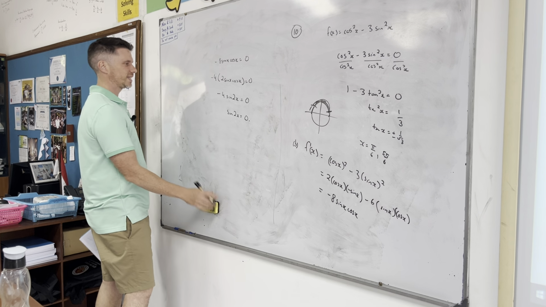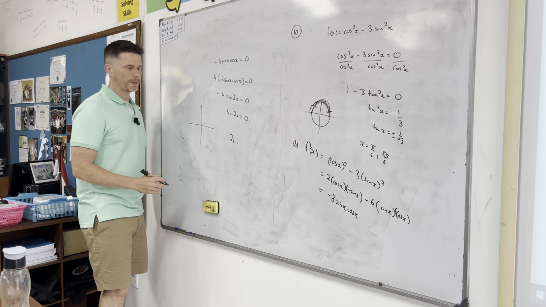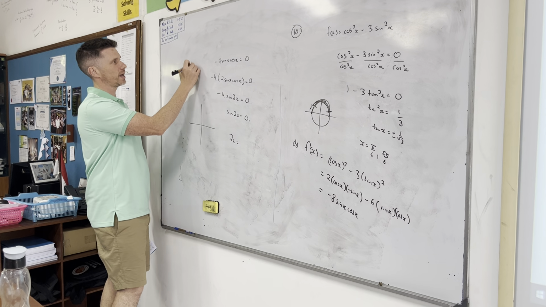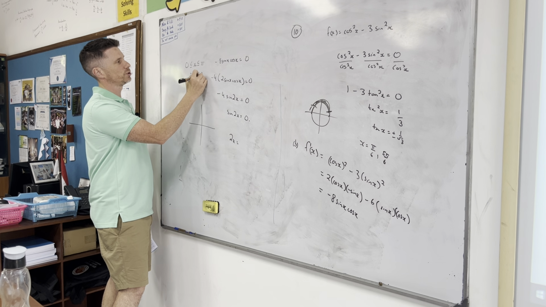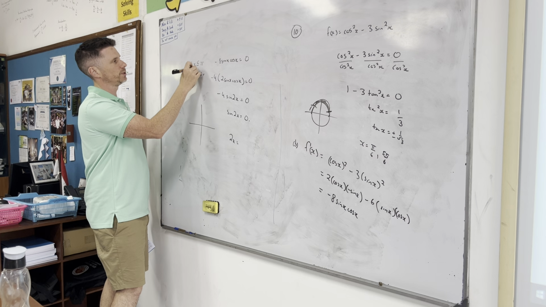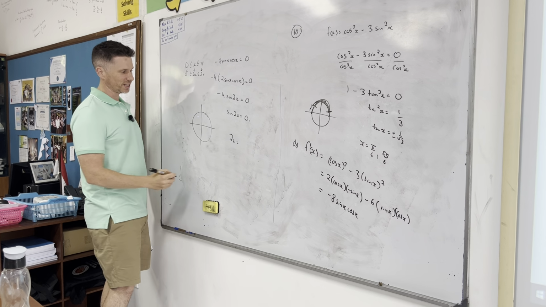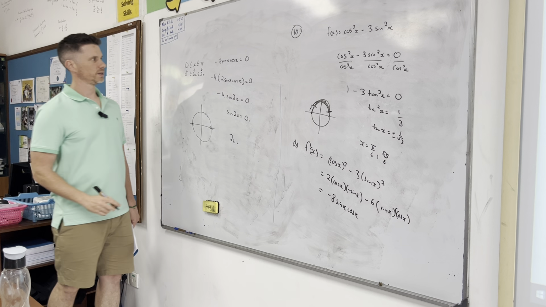So where is sine equal to 0? These will give us the answers for 2x. If I'm doing 2x, I must do a full circle, because if I have x between 0 and pi, 2x is between 0 and 2 pi. Sine is 0 at 0, pi and 2 pi.